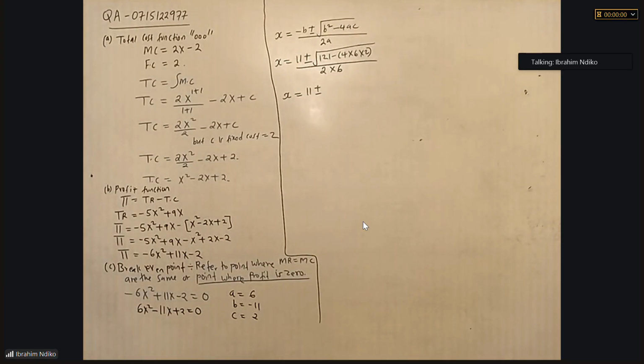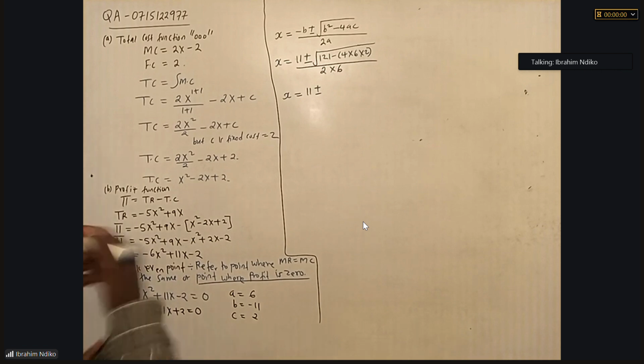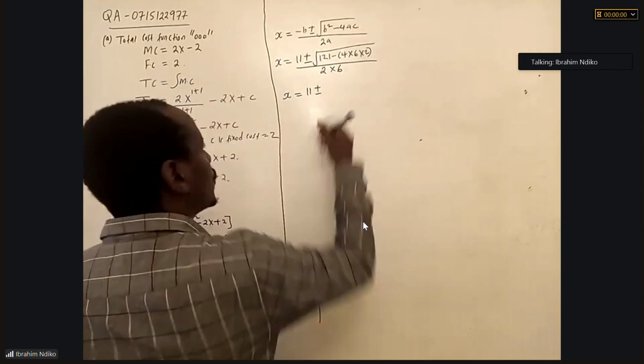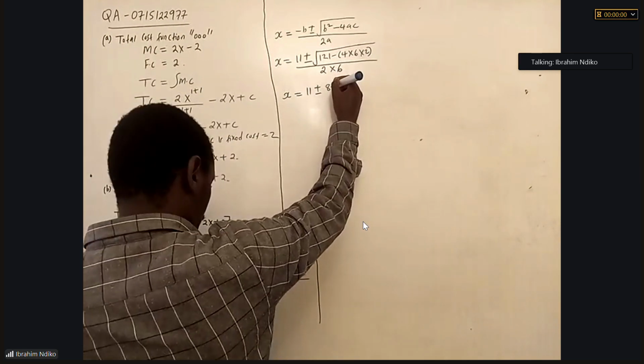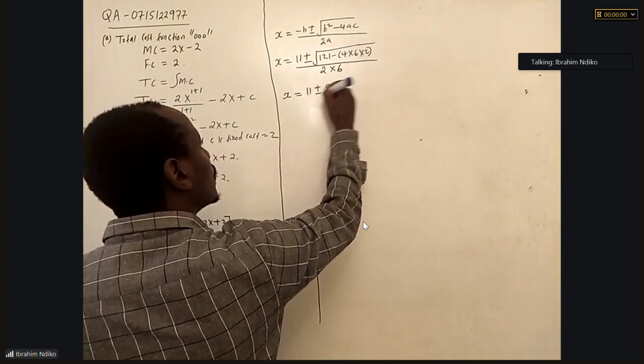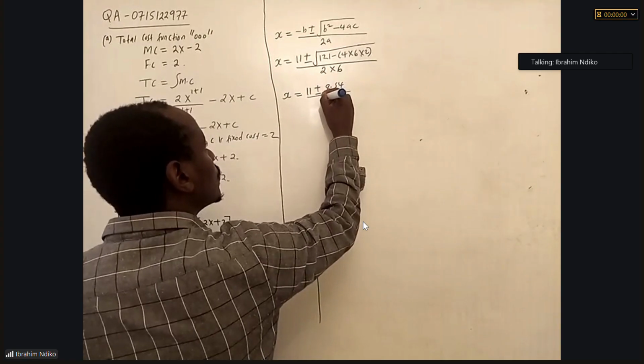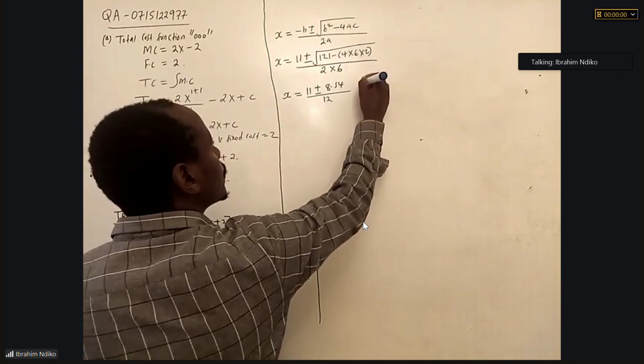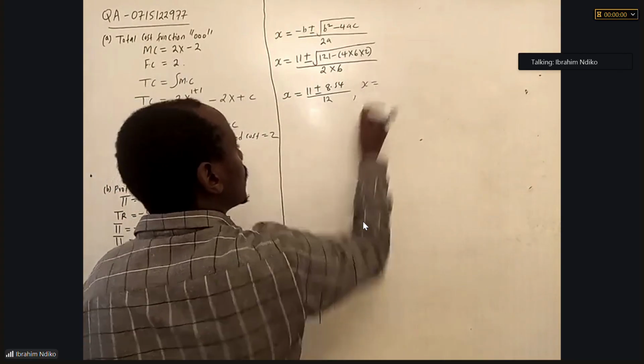So we say 121 minus 4 times 6 times 2. So 4 times 6 times 2, that is 73. Square root of the answer, 8.5. So 8.54 over 6 times 2, which is 12. So x will be, you have two numbers.